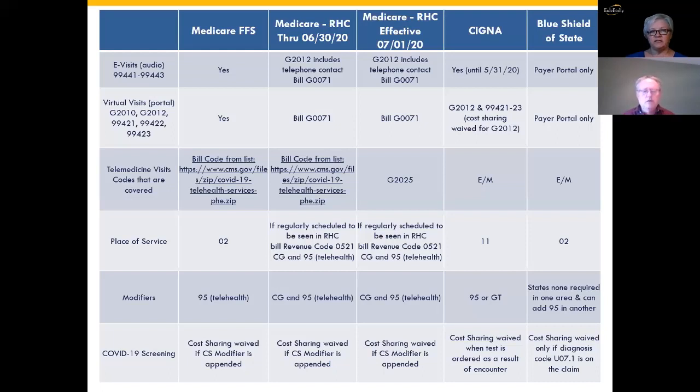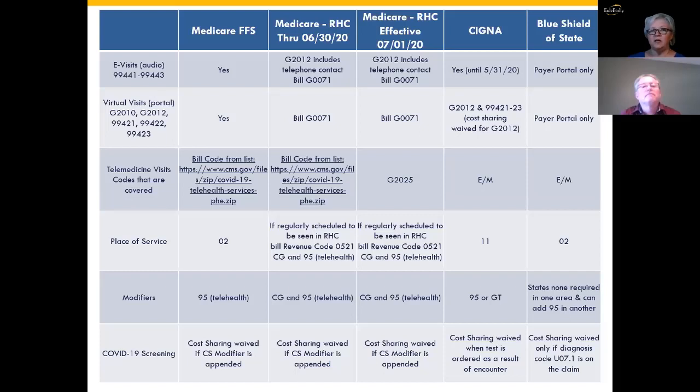And I'm using this as an example of the different kinds of visits, so the e-visits, virtual visits, or telemedicine visits, and indicating what's covered, what's not covered, what the place of service is that they want on the claim, what modifiers may be required on the claim, and then when the COVID-19 screening is being done, resulting in that, are they going to waive cost sharing, yes or no, so that you know, should we collect or should we not collect?